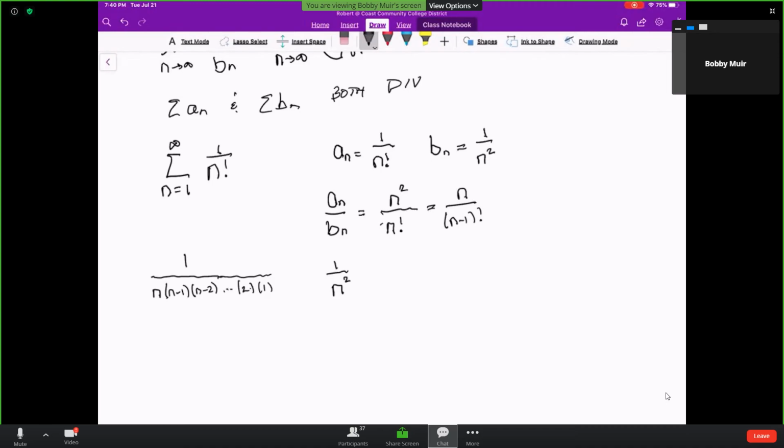See, what I can say is this. I can say that 1 over this n factorial is smaller than, remember, all these things are positive integers, so that's going to be smaller than 1 over n times n minus 1, which is equal to 1 over n squared minus n.